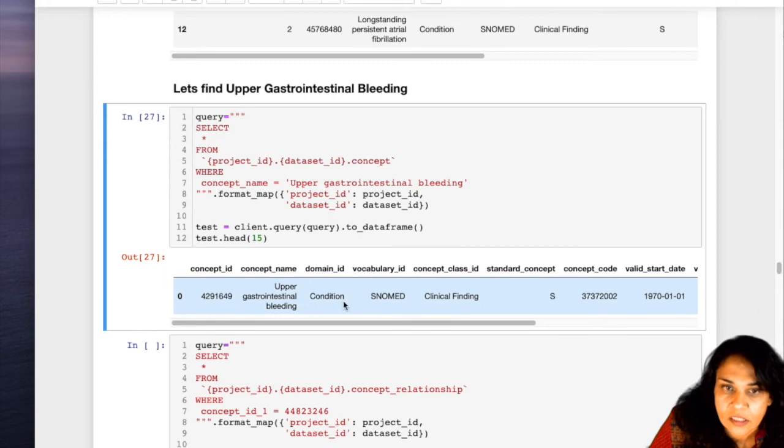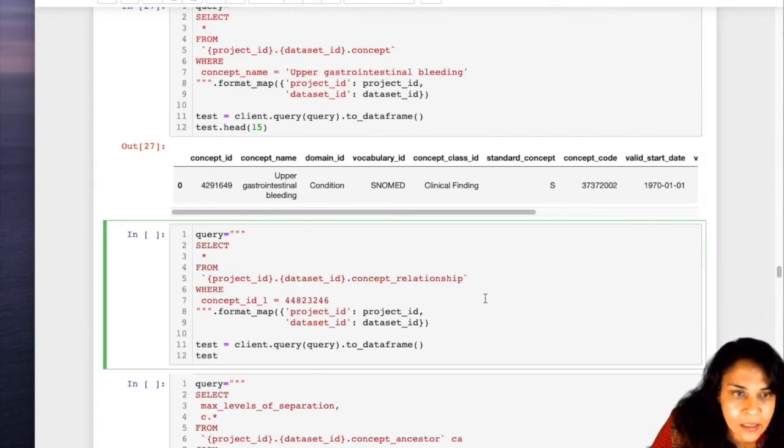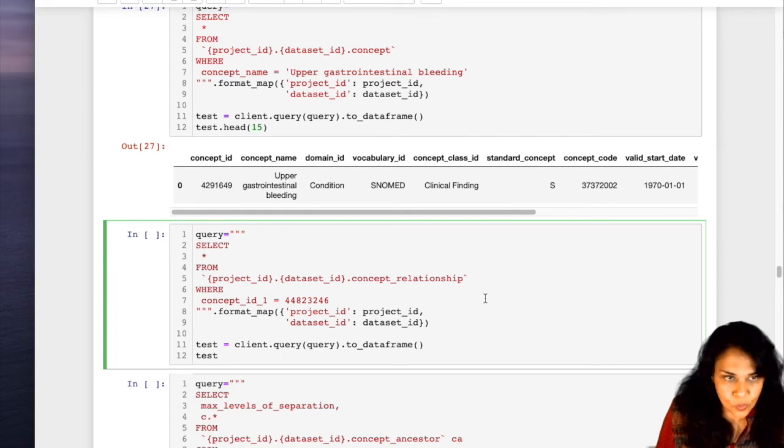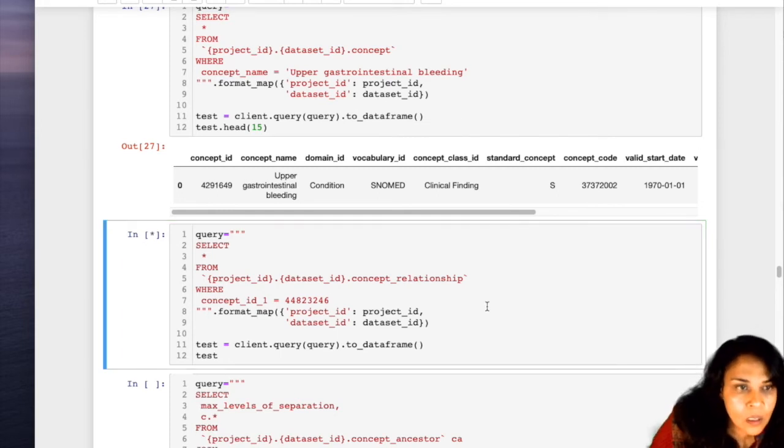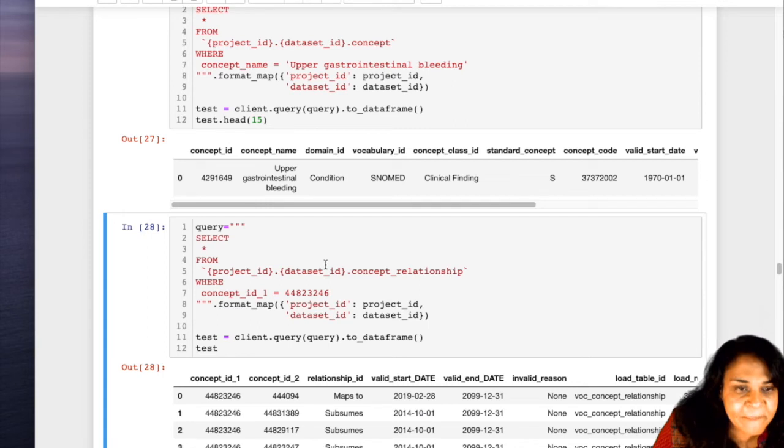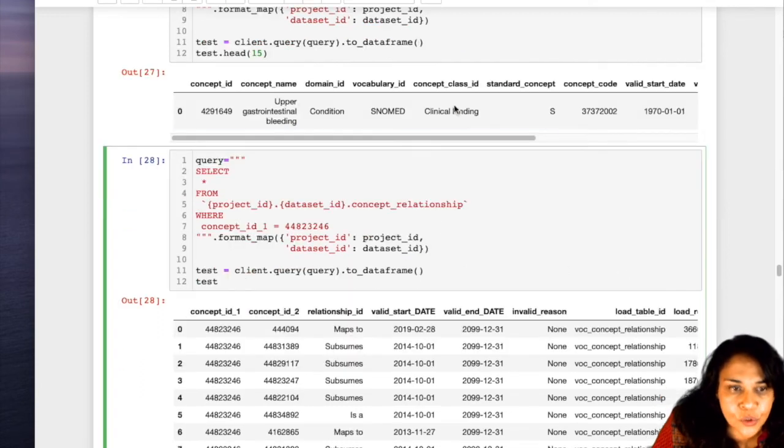It's a standard concept, a concept in SNOMED. That's the concept ID. I want to find the standard concept ID, because remember, this is the SNOMED standard concept ID. I want to see what else it is related to.